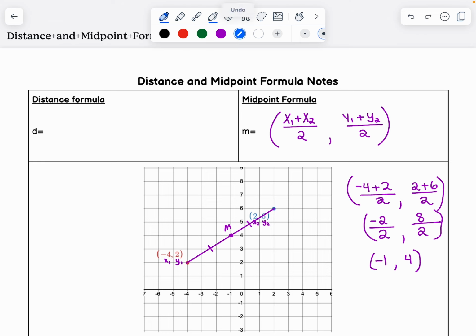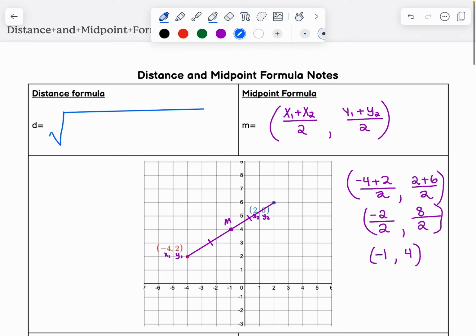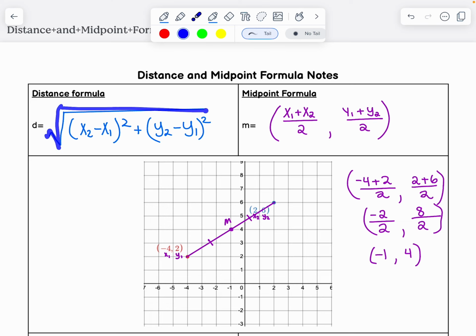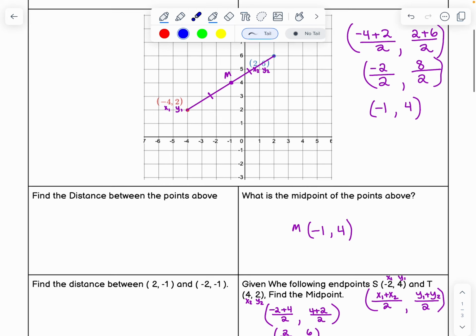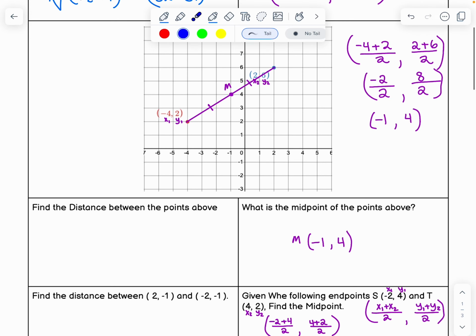First, we have a square root symbol, and inside the square root, we have x2 minus x1 squared plus y2 minus y1 squared. So we're doing a lot in this. We're squaring, we're adding, we're subtracting, and we're taking the square root. So that's why we save that for a second.